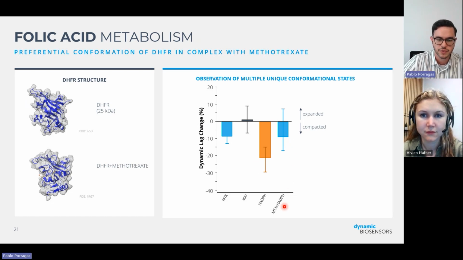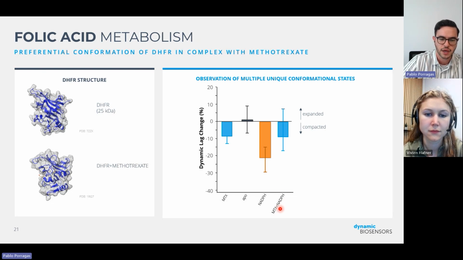Very interestingly, when we combine both methotrexate and the NADPH cofactor, we get a conformational shift that corresponds mostly to what we see in the only methotrexate run. So this indicates that methotrexate is binding much more strongly to the enzyme than the NADPH, and the conformation that we're observing is actually this one, this intermediate conformation that the medication puts the protein into.